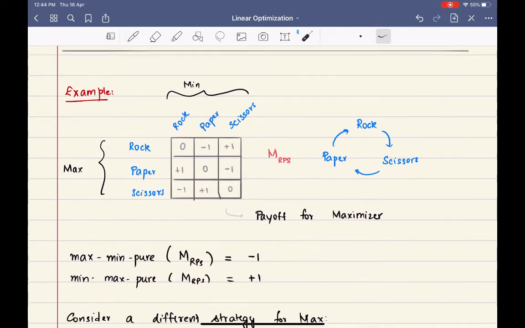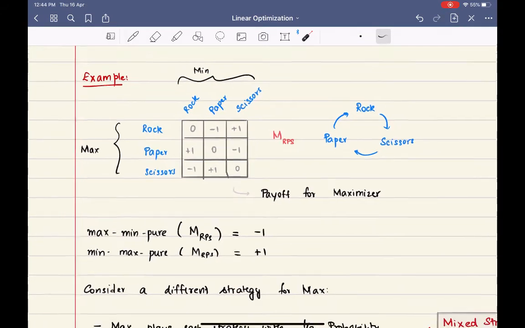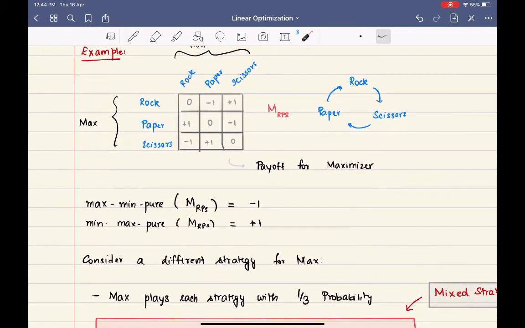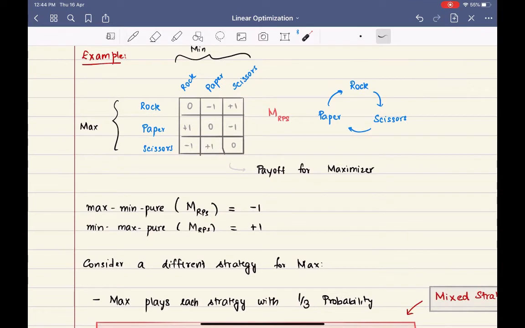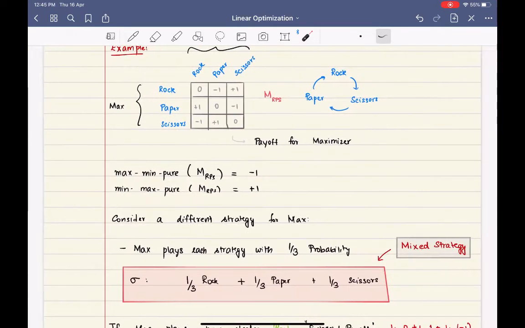Okay, so now consider a different strategy for max. Suppose we say that max plays each choice with 1/3 probability. Okay, so it looks like this. The strategy is 1/3 rock plus 1/3 paper plus 1/3 scissors.